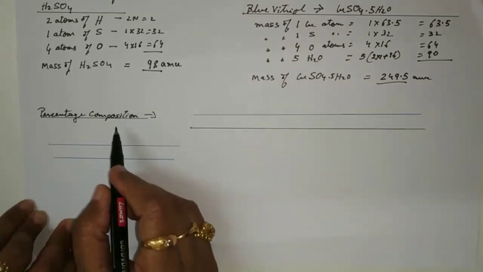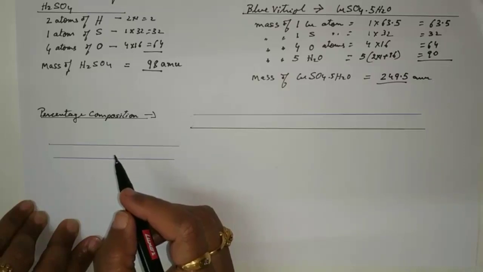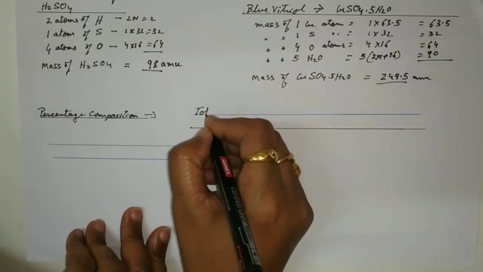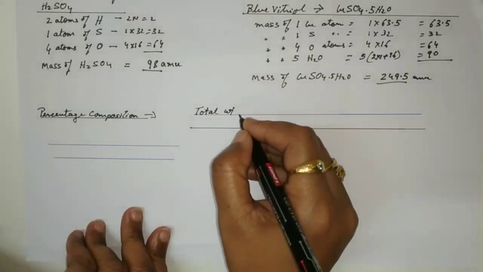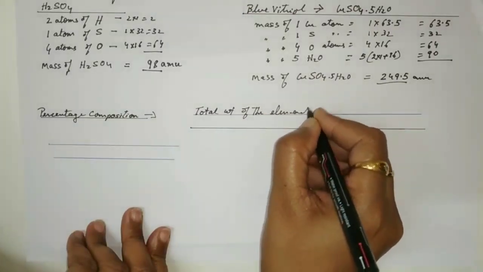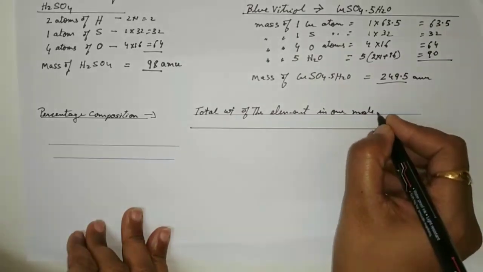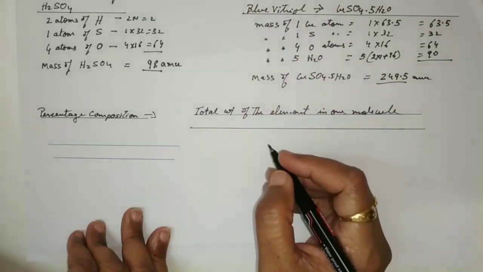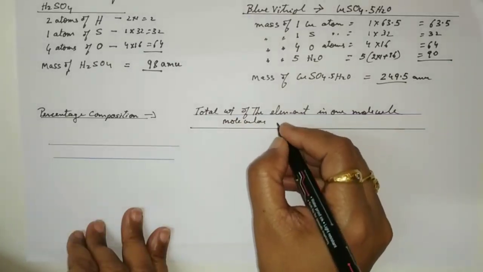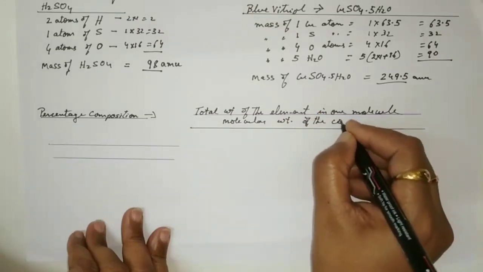This is the percent of an element in a compound, and the formula by which we get it is the total weight of the element in one molecule by molecular weight of the compound.